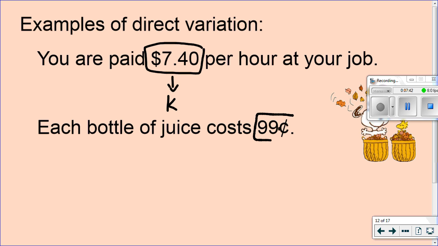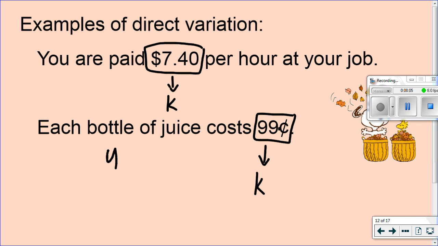Every single bottle of juice costs 99 cents. As I buy more bottles of juice, I'm spending more money, increase and increase. And again, that 99 cents is what's determining how much you're spending. That's your constant of variation. As you work another hour, you add another $7.40. As you buy another bottle of juice, you add another 99 cents.